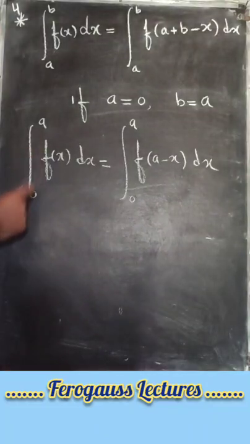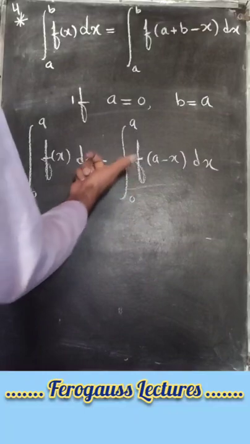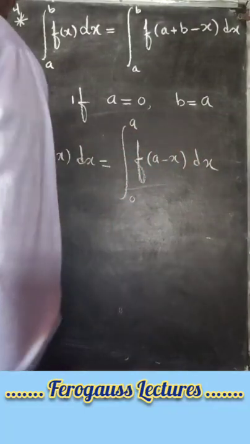So the integral from 0 to a of f(x) dx is equal to the integral from 0 to a of f(a - x) dx.